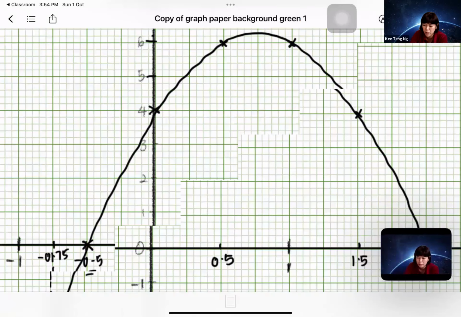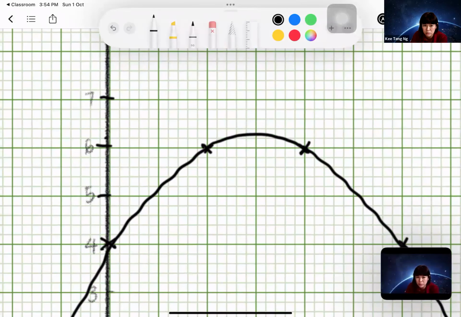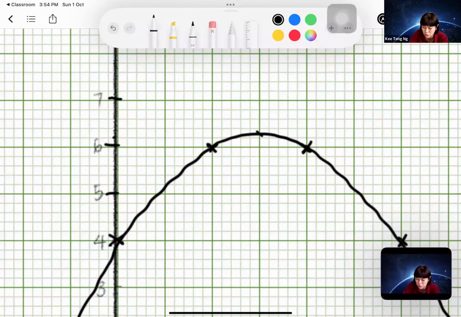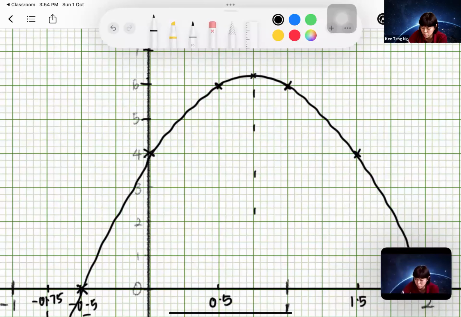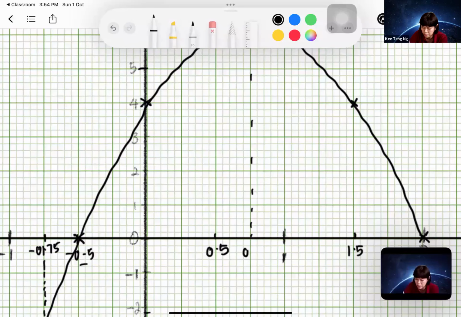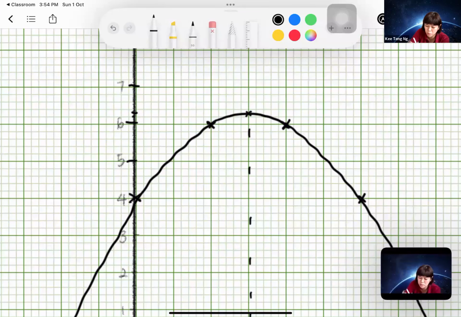And I want to find my maximum point. Just now we already secretly plotted it inside our graph here. So I have this point over here, and the coordinates for this point are x equals 0.75 and the y value is around 6.3.